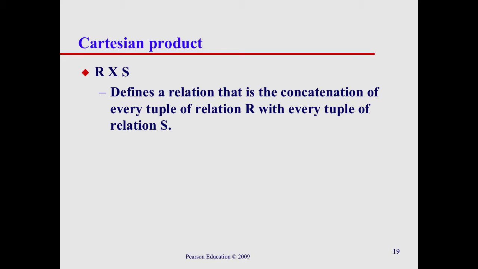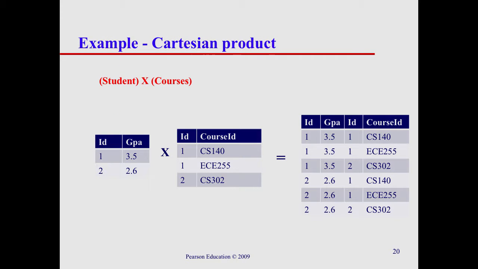Cartesian product is a big X, so you denote it as R X S. There's no dropping of common columns here, so everything shows up. Notice that the ID columns here, I know these are different actually.